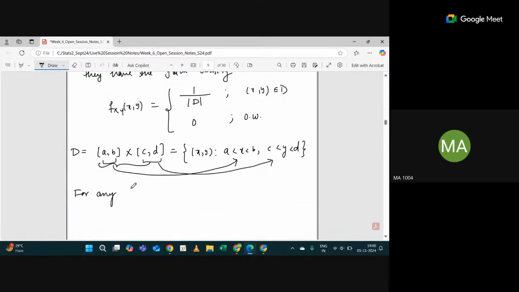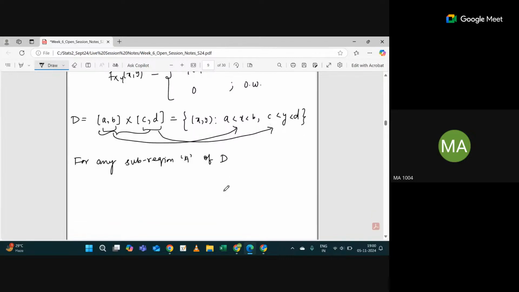So suppose I have a sub region, for any sub region, let's say A of this D. I am interested to find the probability that (x, y) belongs to that particular sub region. Then how will you find this? Actually, this modulus you can treat as the area of D. That's the meaning as of now.